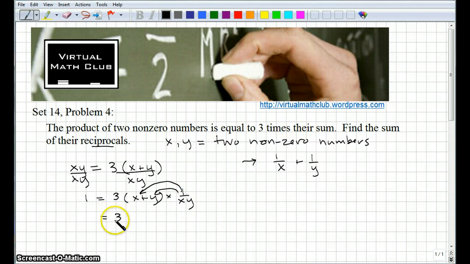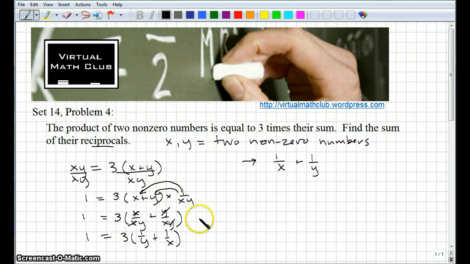So that gives us 3 times (x over xy plus y over xy). You can see that we have a factor of x on the bottom and an x on the top, so we can reduce this fraction by dividing top and bottom by x. x over x is just 1. The same thing over here, we have a factor of y that we can cancel, so we get that 1 is equal to 3 times (1 over y plus 1 over x).